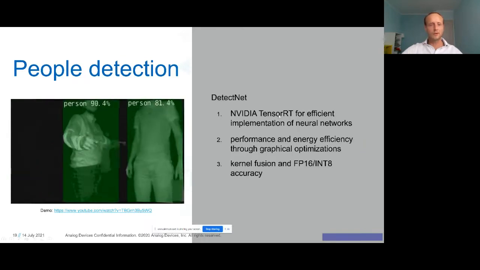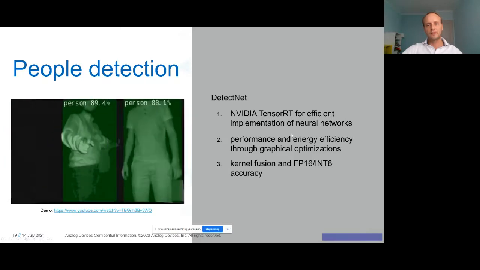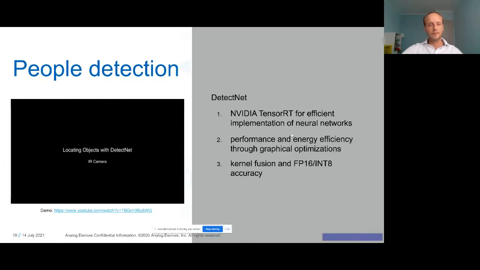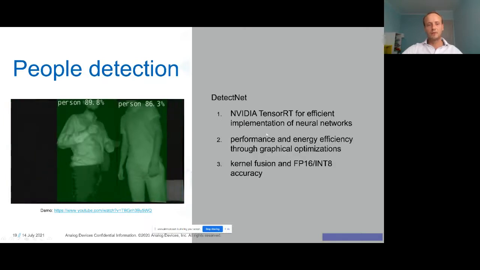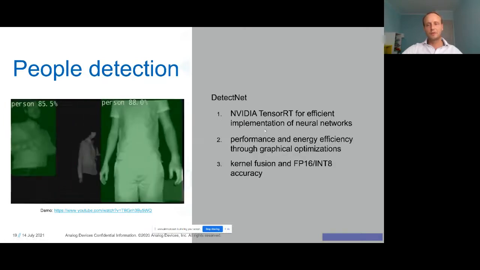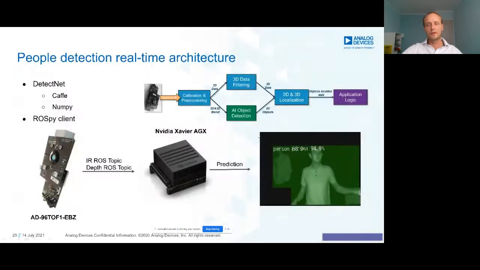What's nice about DetectNet is that it makes use of NVIDIA's TensorRT, which optimizes the AI models for the NVIDIA GPUs for efficient operation and being able to run the applications in real time.